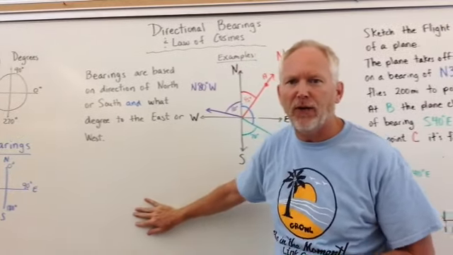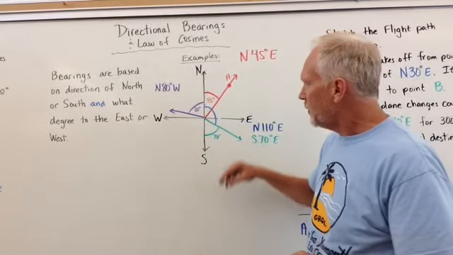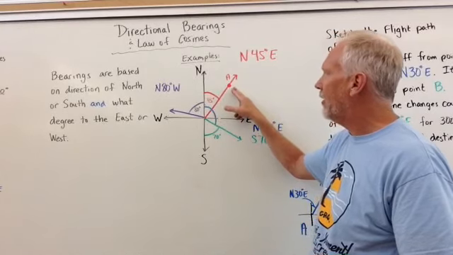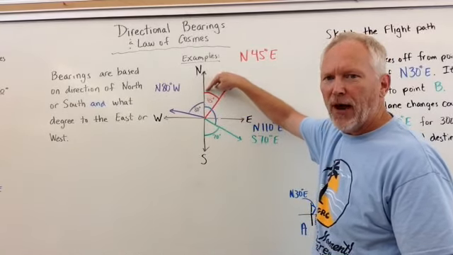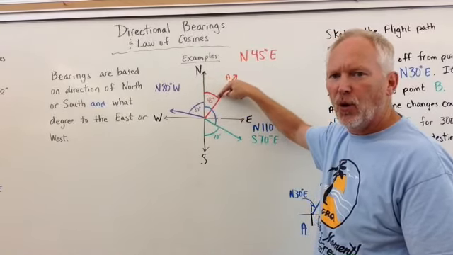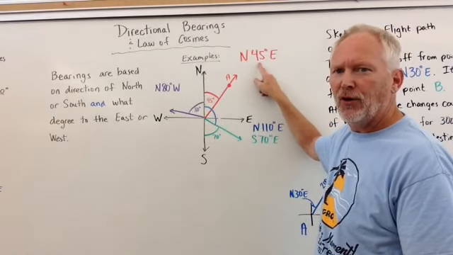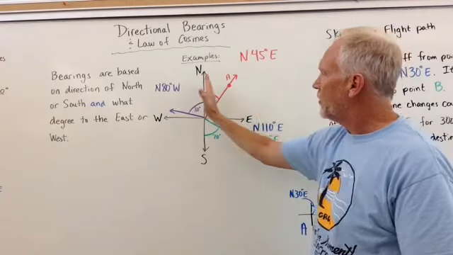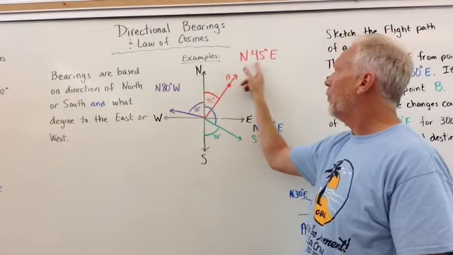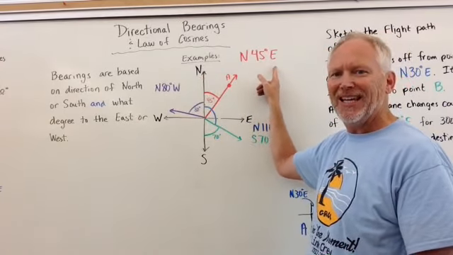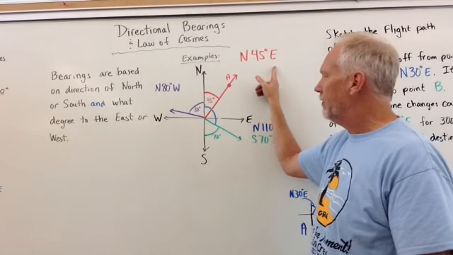If we look at a few examples here, point A is 45 degrees from north, so we would call that north 45 degrees east. We start at north, going 45 degrees in the easterly direction.